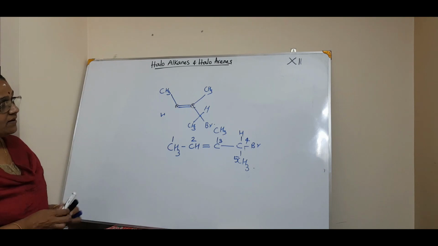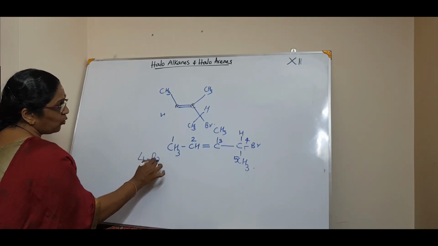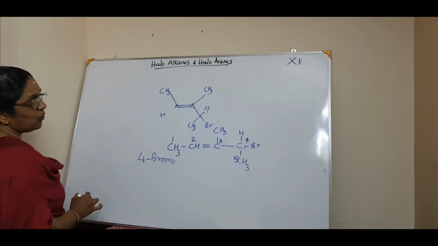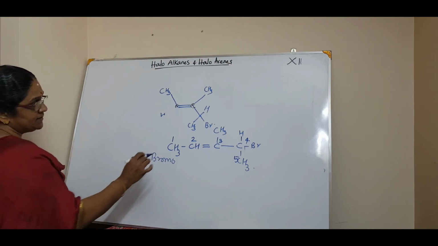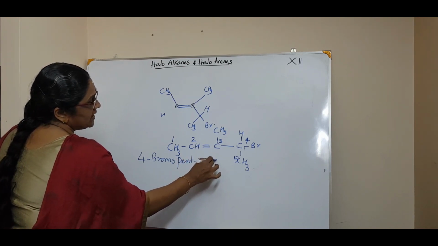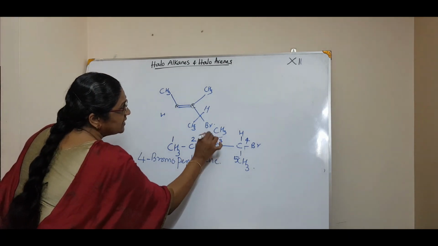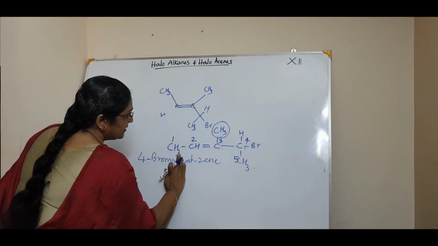So, how will you name it? It will be, tell me, 4-bromo, then pent-2-ene. Isn't it? 4-bromo. Here there is one methyl group, correct? Here there is one methyl group.